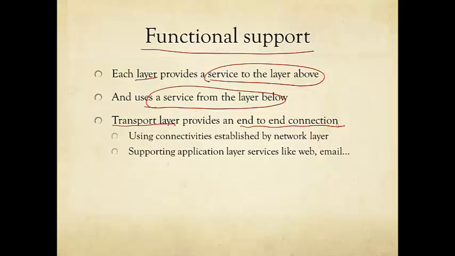So it's responsible for things such as session establishment, packet reordering, congestion control, which we will see a lot in the next lecture 14 on congestion control. Now, it uses connectivity service offered by the network layer below it, and then it provides these end-to-end connection management as a service to the application layer above it to support things such as the web and email.